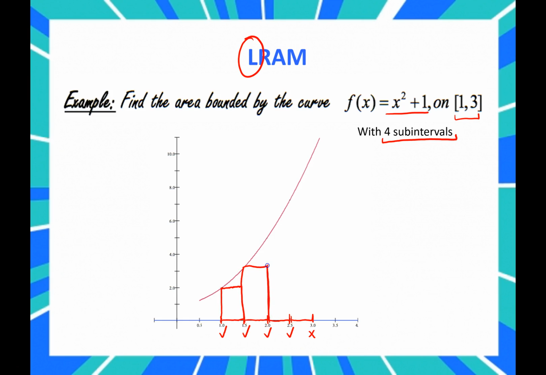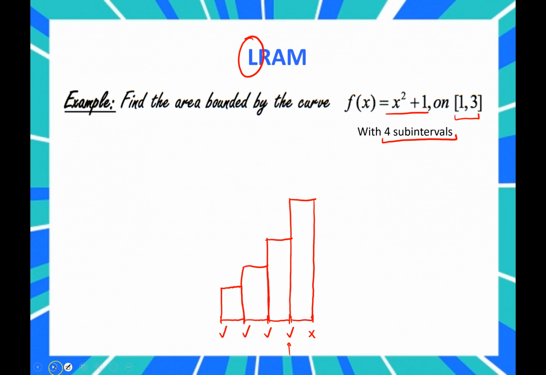Start at 2, go straight up until I hit the curve, and then go straight over. And I'm going to do that one more time: go straight up, hit the curve, and then go straight over. So those are the 4 rectangles that we're going to use to find the area under the curve, or at least estimate it. Let's see how I did. Oh, pretty darn good, eh?